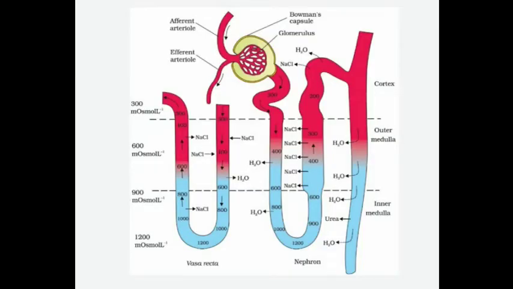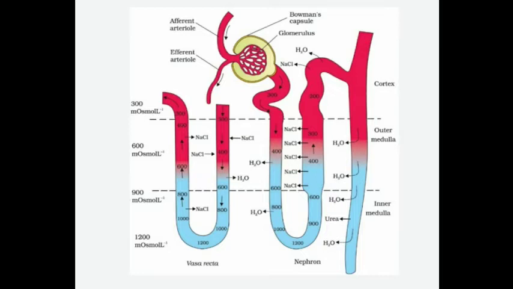Due to the counter current, consider the proximity between the Henle's loop and vasa recta. In the picture, the outer medulla and the inner medulla are given, along with the vasa recta and Henle's loop. Because of this proximity, the osmolarity increases from the cortex to the inner medulla.